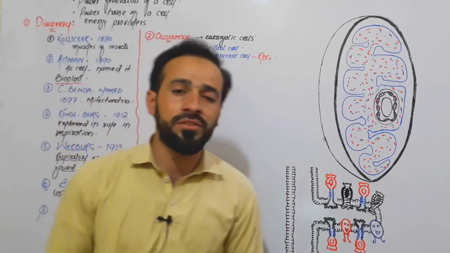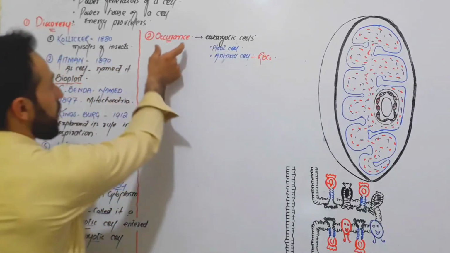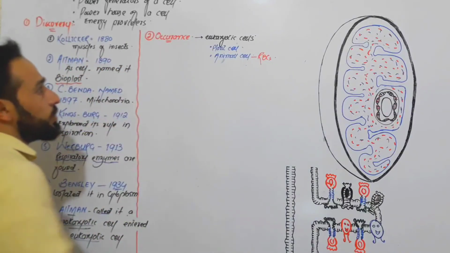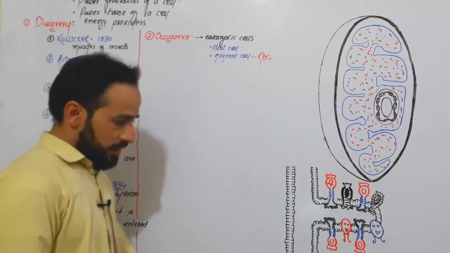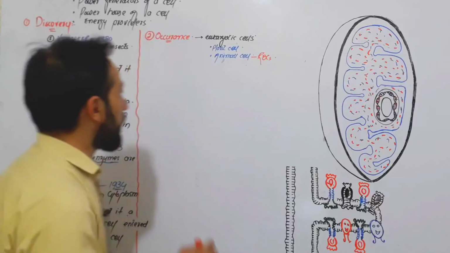So mitochondria is found in eukaryotic cells. It means that it may be found in plant cells and in animal cells, right?